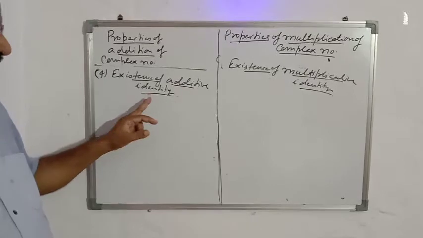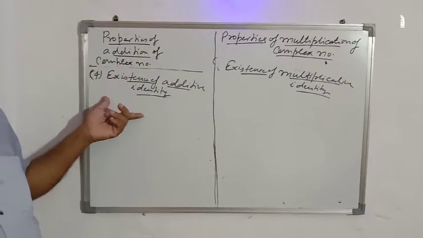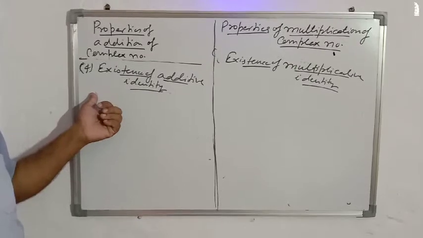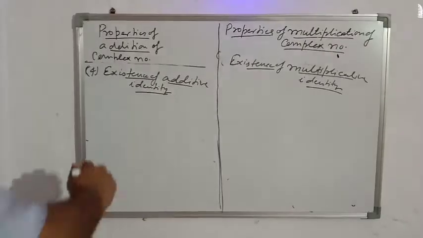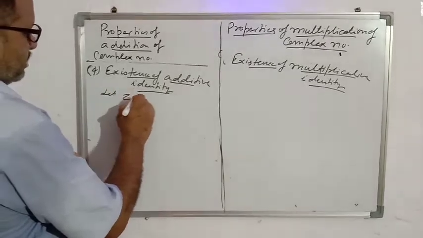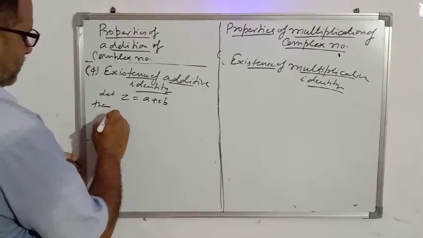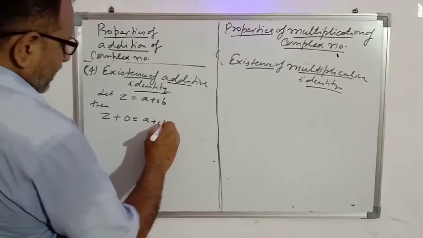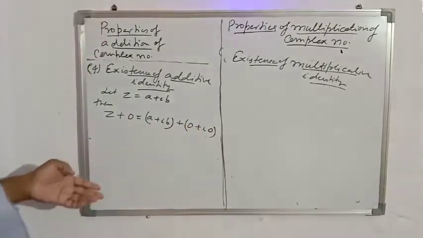Additive identity is that complex number which when added to any given complex number gives the same complex number. So we know that when 0 is added to any complex number, we will get the same complex number. So 0 is the additive identity here. So let Z is equal to A plus IB. Then Z plus 0 means A plus IB plus 0 plus I0. 0 is also a complex number here.